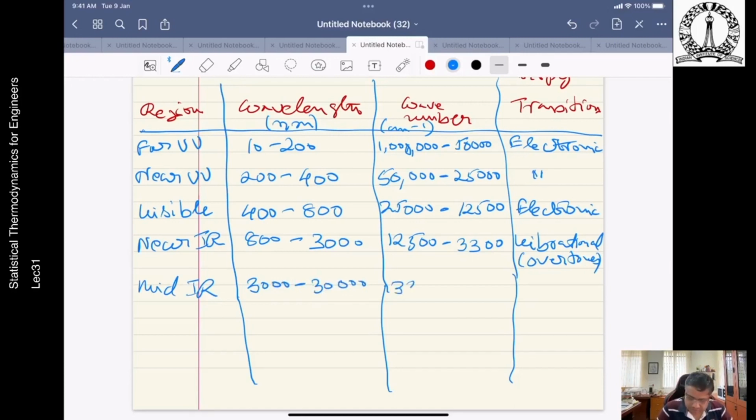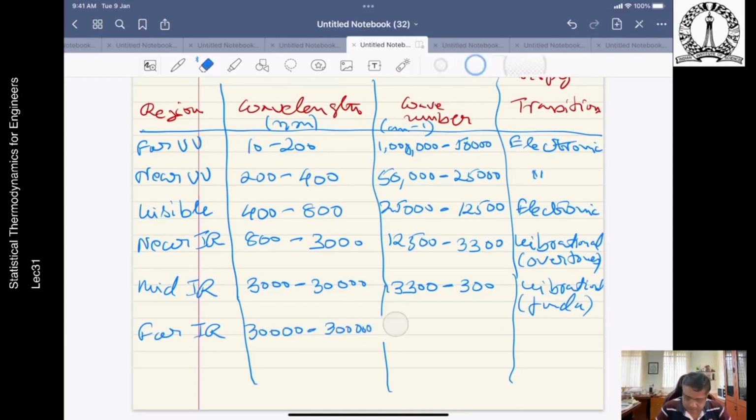In terms of the wave number, this is about 2 to 300. This is once again vibrational, but this is fundamental. Then you have far IR, which is 30,000 all the way up to 300,000. This is 300 to 30. This is rotational, light molecules.